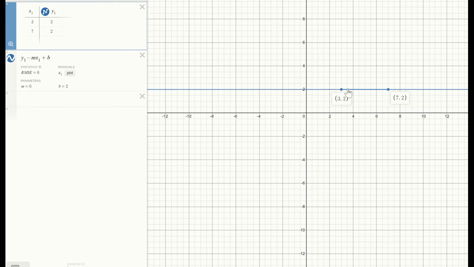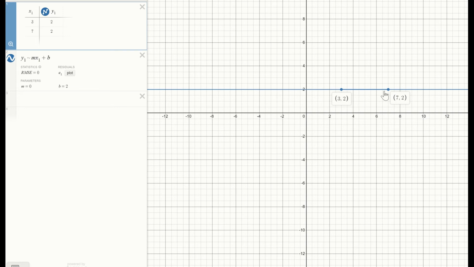To get from this point to this point, what kind of vertical change is required? None, right? Therefore, the slope is 0 over whatever that distance is, which is 4. So the slope is 0.